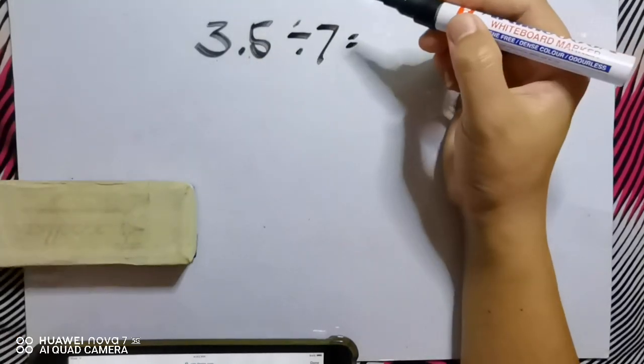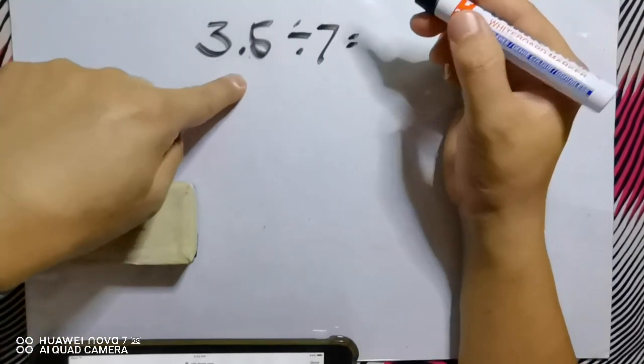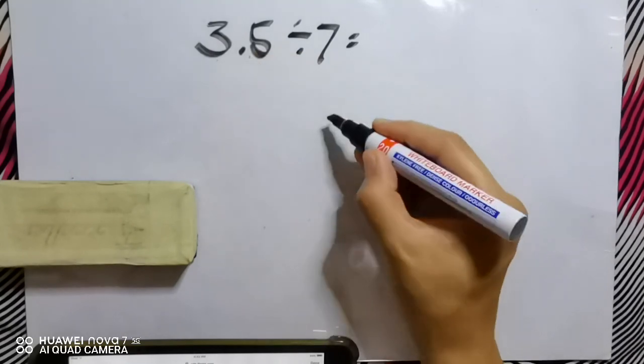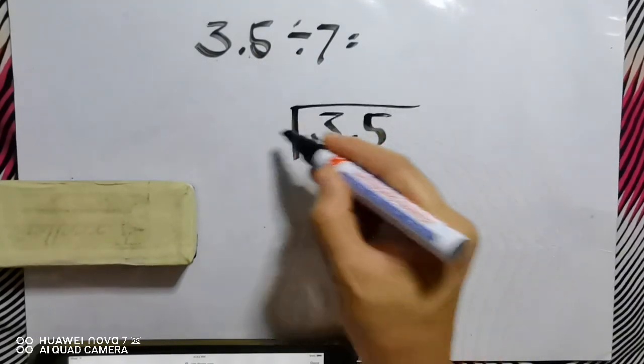Okay? So, paano yan? So, again, yung nandito yung nasa loob o yung nauna. So, that's 3 and 5/10 divided by 7.